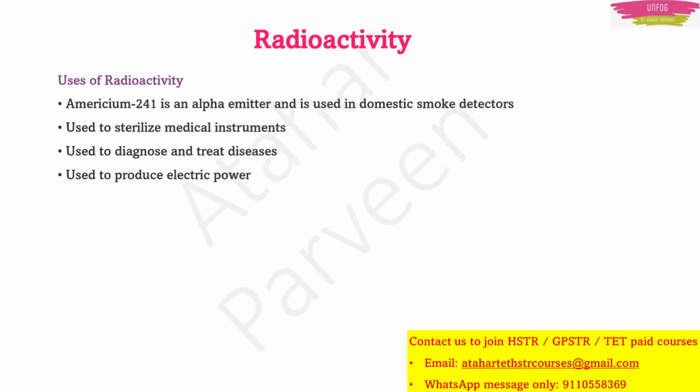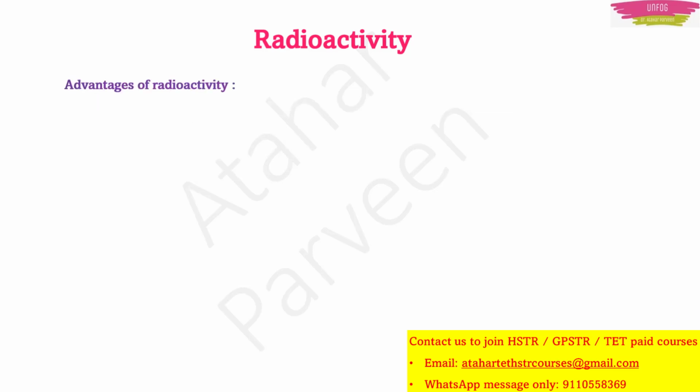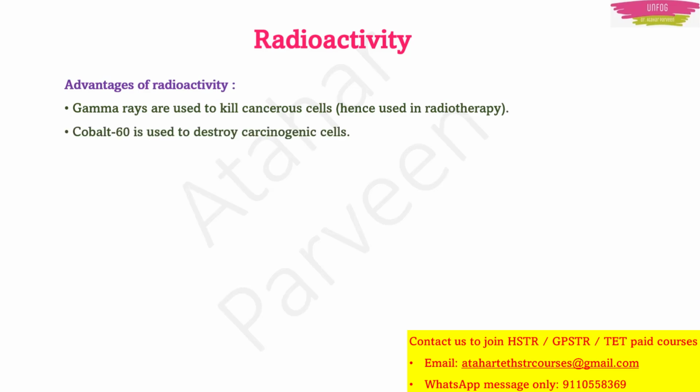Now if I talk about the advantages of radioactivity, gamma rays are used to kill cancerous cells. That's why they are used in radiotherapy also. Then cobalt 60, this is also a radioactive element, is used to destroy cancerous cells. And then gamma rays are used in scanning the internal parts of the body.